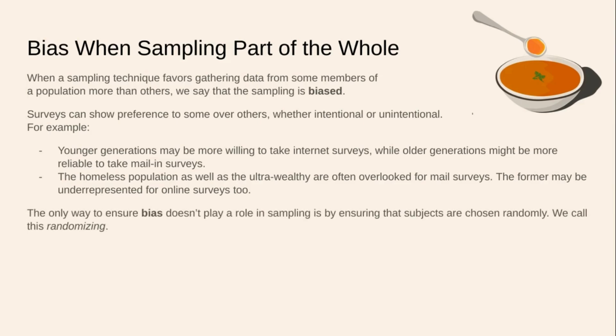The only way to ensure bias doesn't play a role in sampling is by ensuring that subjects are chosen randomly. We call this randomizing. So, to the soup analogy, stirring the pot of soup is like randomizing.